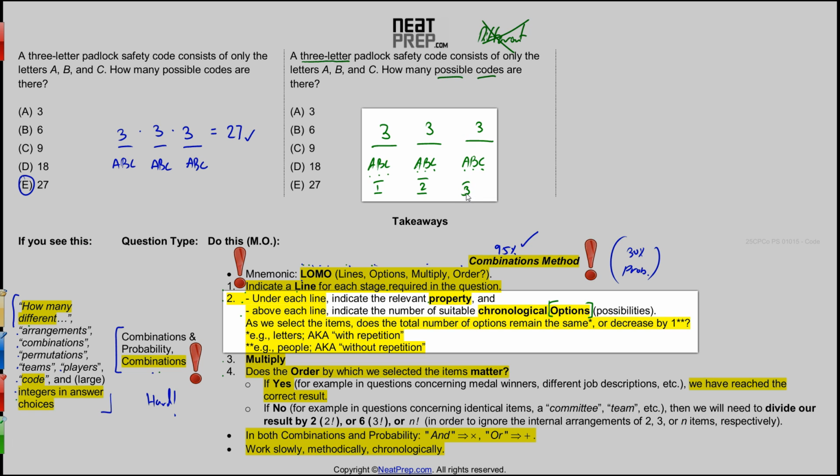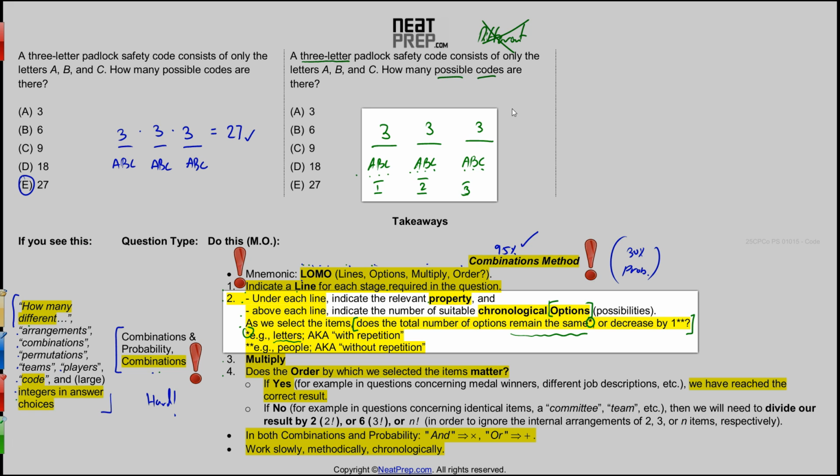Remember that as you select the items, you need to actively ask yourself, does the total number of options remain the same, or does it decrease by 1? The total number of options usually remains the same, for example, in questions which include letters, since letters can appear at 2 different locations at the same time. They can be reused, as was the case here.